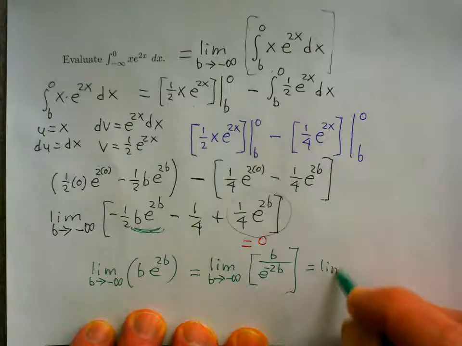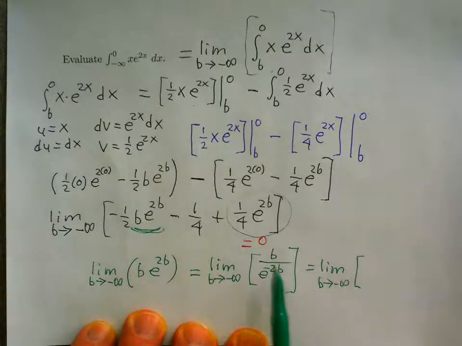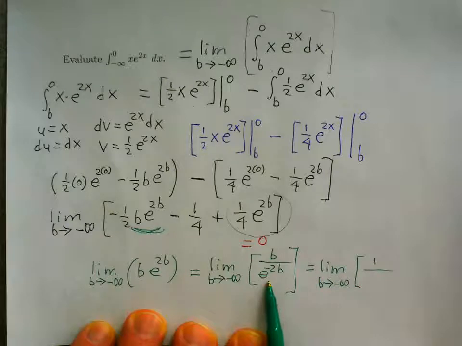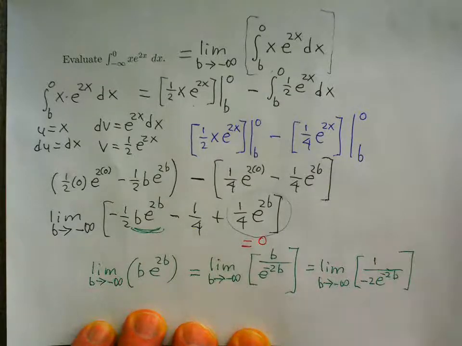So the way we do that is we compute the derivative of the numerator with respect to b, which is 1. Compute the derivative of the denominator with respect to b, which is negative 2 times e to the negative 2b. So the numerator is no longer affected by b, and this denominator approaches negative infinity, so 1 over negative infinity is 0.